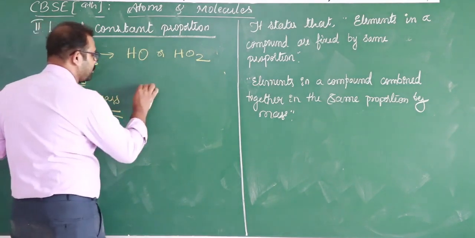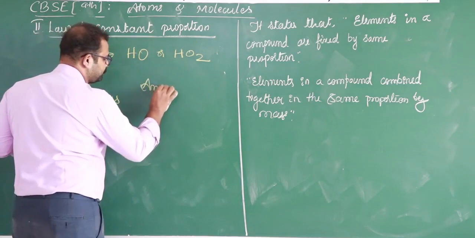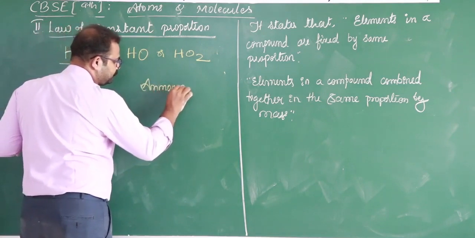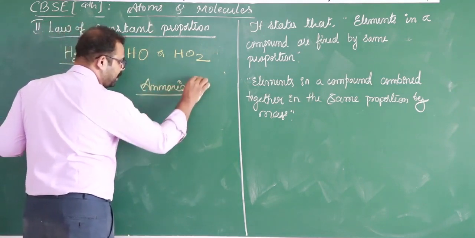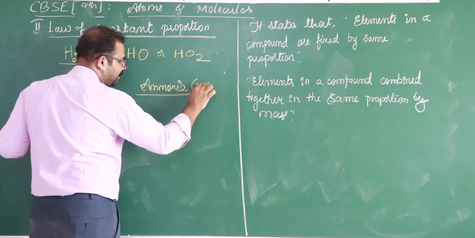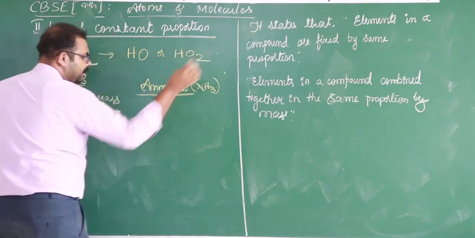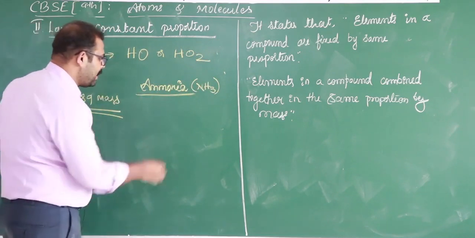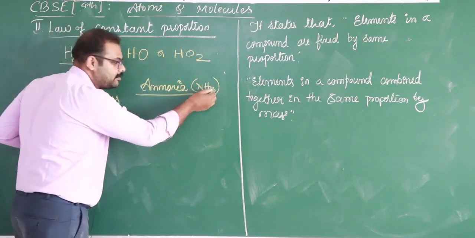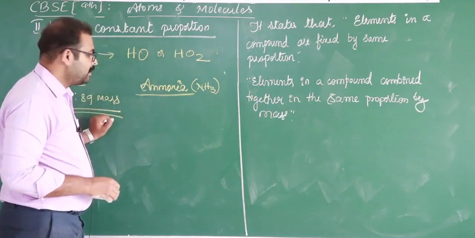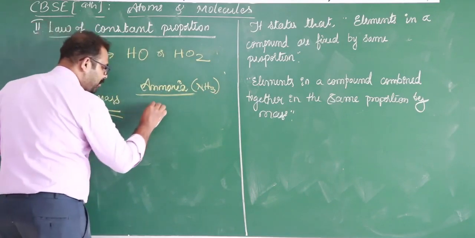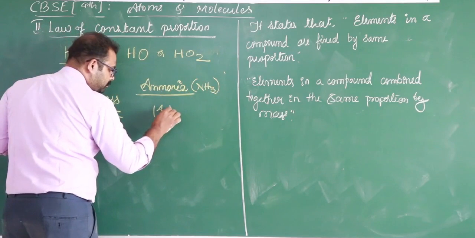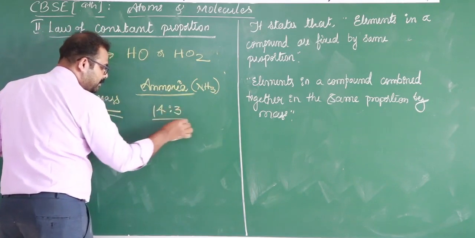Say one more example. Let's take ammonia. Ammonia is NH3. If ammonia has to form, nitrogen has to combine with hydrogen in the ratio of 14:3.